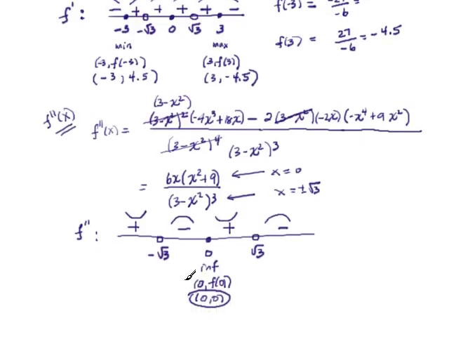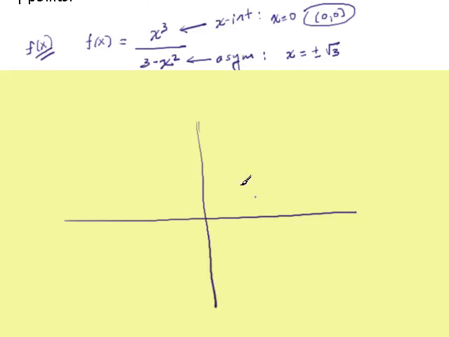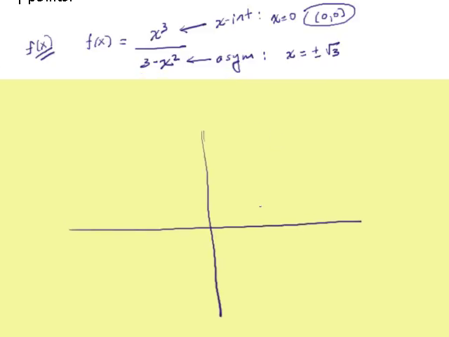So now we have all the information, and all we have left to do is draw the graph. Here we're starting with the f of x information. So let's put in the x-intercept and y-intercept, both 0, 0. And the asymptotes at root 3 and minus root 3, that's about 1.7. So let's say that's 1 and that's 2.